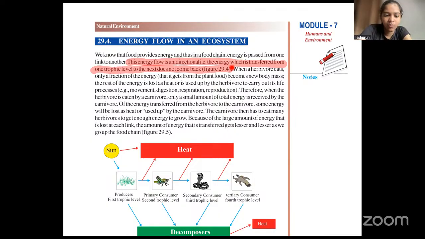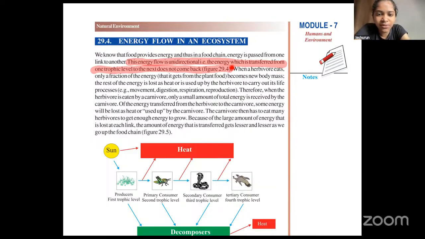When a herbivore eats, only a fraction of the energy that it gets from the plant food becomes new body mass. The rest of the energy is lost as heat or is used up by the herbivore to carry out its life processes, for example movement, digestion, respiration, reproduction. Therefore, when the herbivore is eaten by a carnivore, only a small amount of the total energy is received by the carnivore.